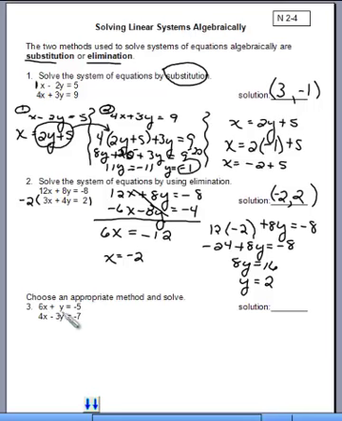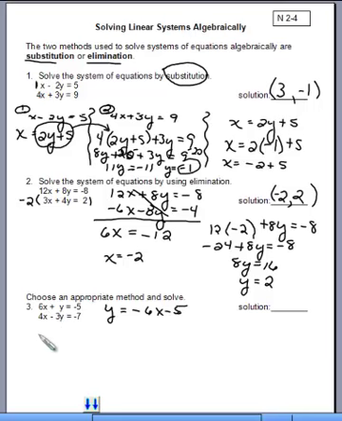This one says choose an appropriate method to solve. Many people prefer to use elimination. But again, if you have a variable with a coefficient of 1, it's easy to do substitution. We could rearrange this first equation to be y is equal to negative 6x minus 5.